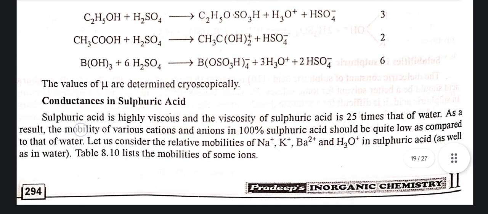Conductances in sulfuric acid. Sulfuric acid is highly viscous, and the viscosity of sulfuric acid is 25 times that of water. As a result, the mobility of various cations and anions in 100% sulfuric acid should be quite low as compared to that in water.